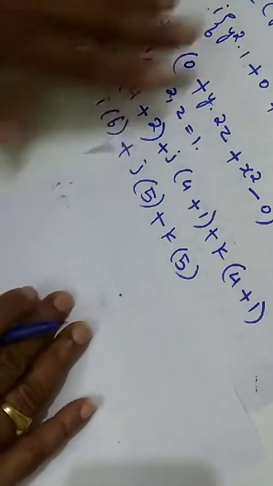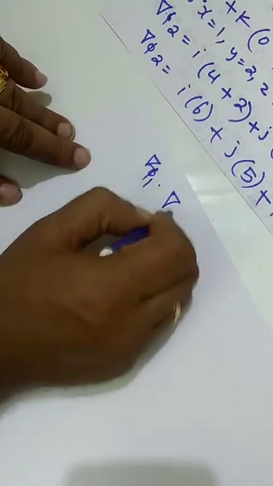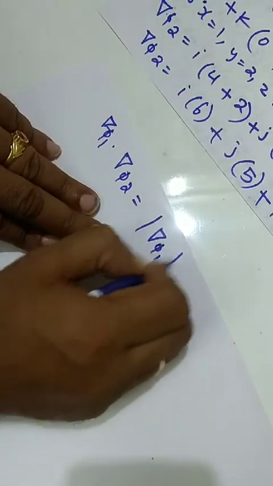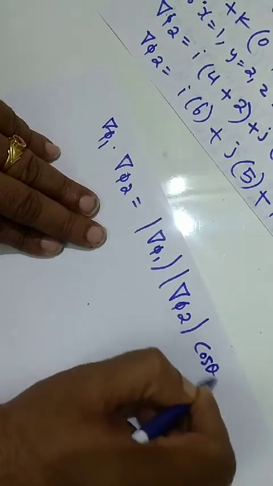Now you know the formula. What is the formula? Del phi 1 dot del phi 2 is equal to absolute value of del phi 1 into absolute value of del phi 2 into cos theta.